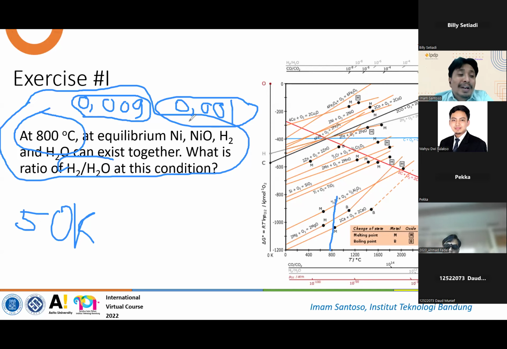But now at 800, it is not 0.001, it is 0.009. Is it in equilibrium? No. Not in equilibrium, because a reaction must happen. Yes, reaction will happen.